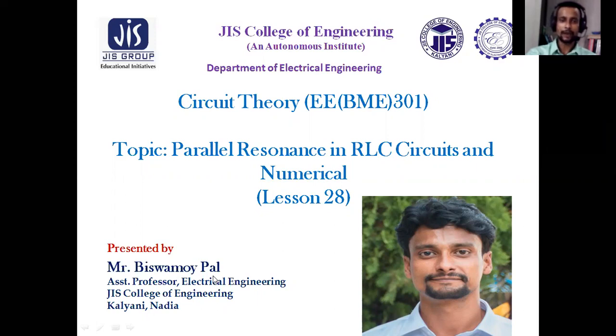Now in case of parallel resonance, what happens, how current and impedance will vary, what is the derivation of resonant frequency, how that resonant frequency for parallel resonating circuit differs from series resonating circuit, and few numericals will be solved also. So these parts we'll be discussing in today's class.